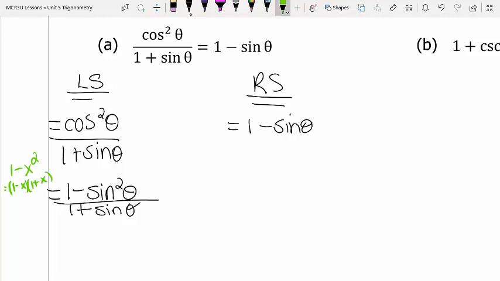Okay, so then to factor 1 minus sine squared theta as a difference of squares, just replace sine theta back in for x. So if we factor 1 minus sine squared theta using difference of squares, that turns into 1 minus sine theta times 1 plus sine theta.